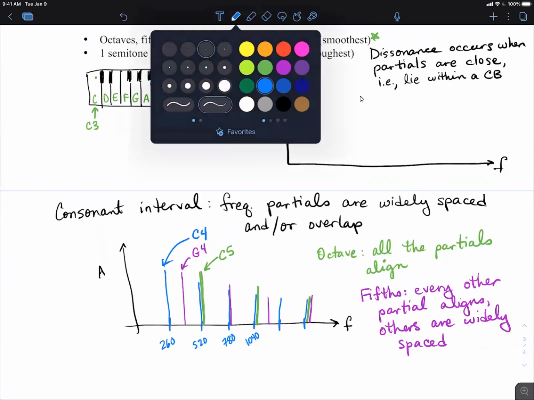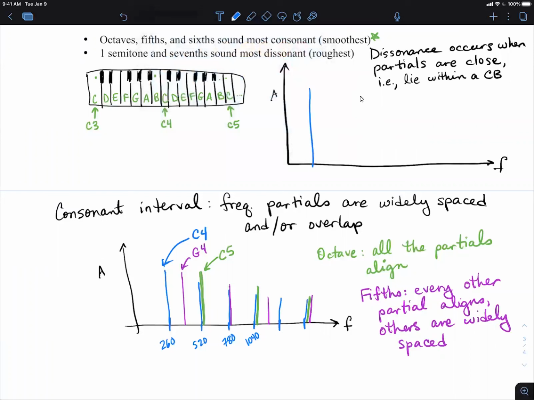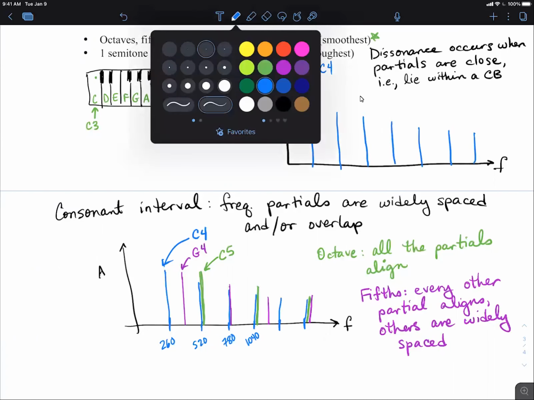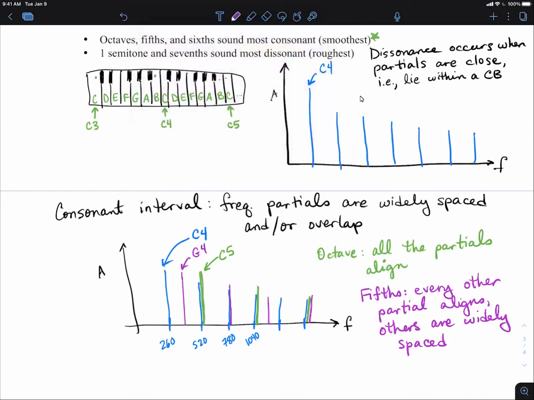So again, if I draw in my C4 spectrum, and then I do, say, C sharp, that means that I've gone up just one semitone.